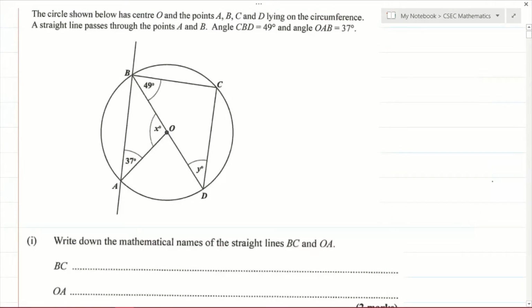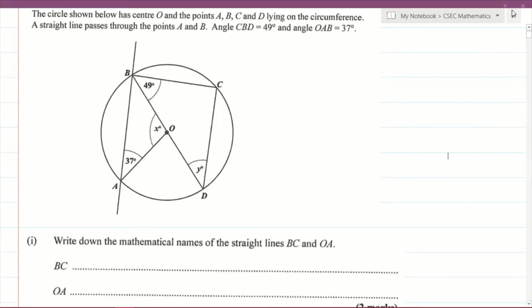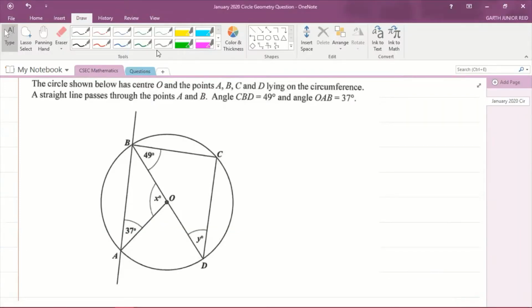Part 1 of the question says, write down the mathematical names of the straight lines BC and OA. The line BC that they're referring to is this line here, B and C. Now, what is the mathematical name for that?